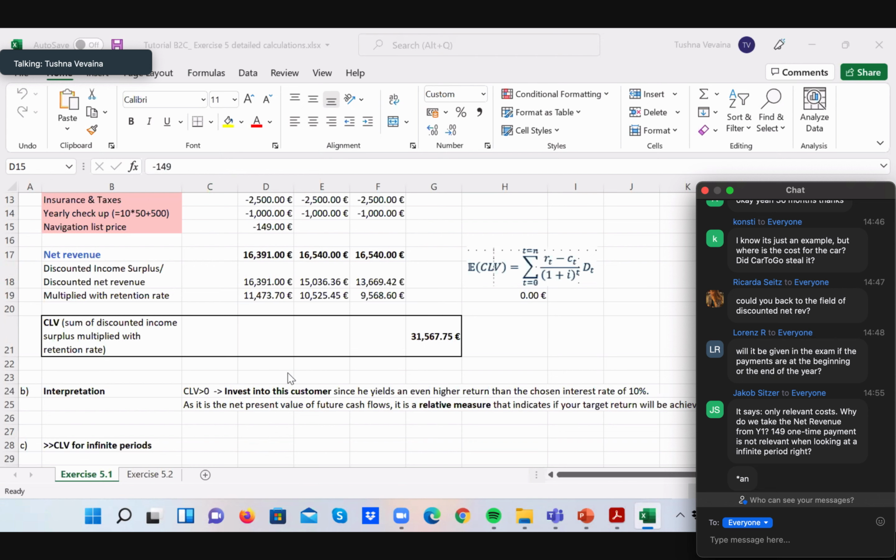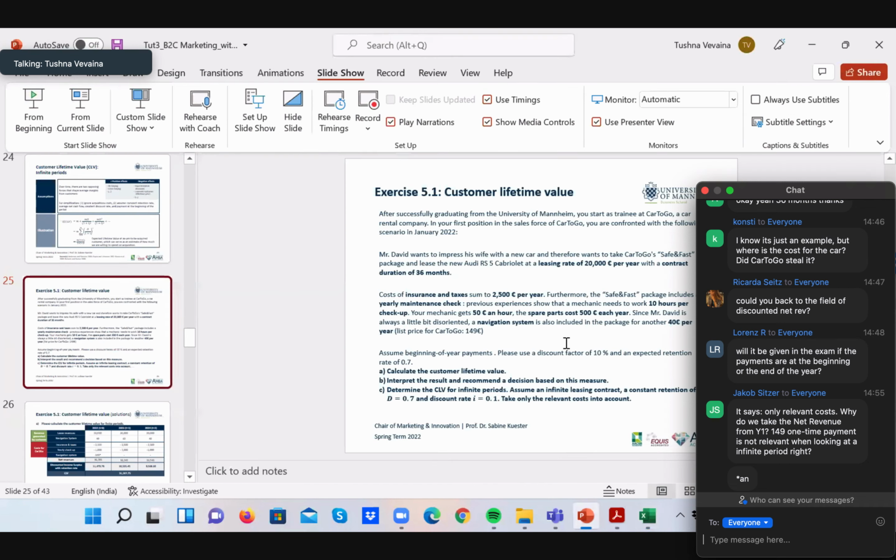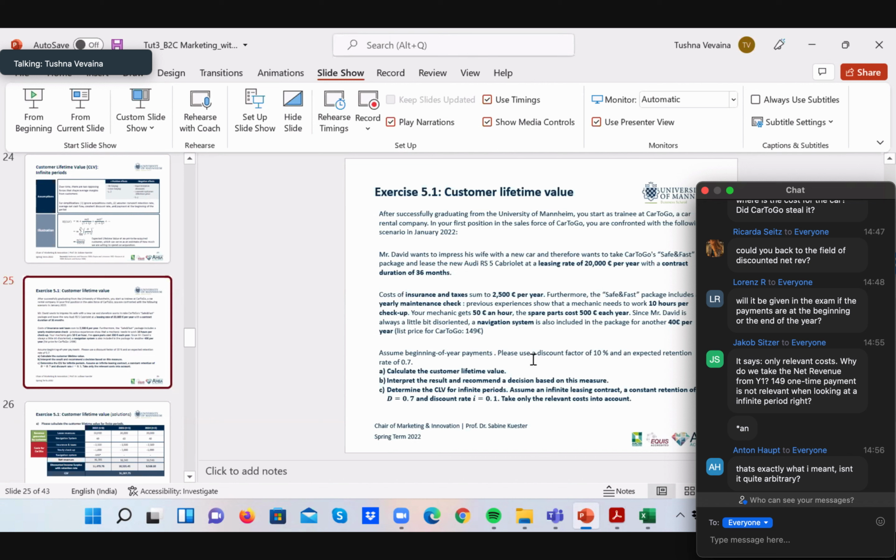Well, from our solution point of view, we are taking it for the first year. So we're saying that this would be a cost that is incurred in the first year, because you're going to buy it for Mr. David. It's not said that you're buying it for him after a year, after he realizes that maybe he needs a navigation system, and we're going to be using the first year's value. So here we're just taking in all the costs.